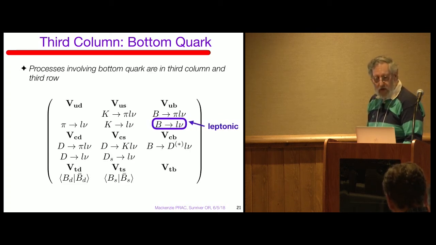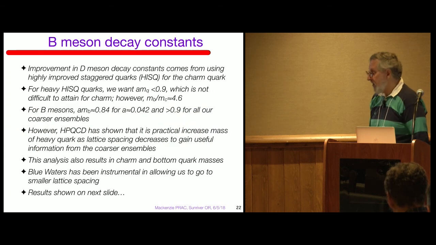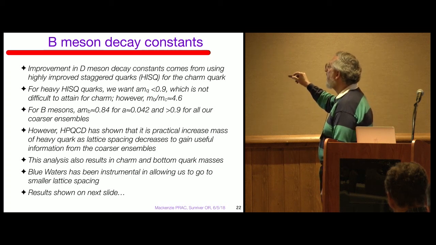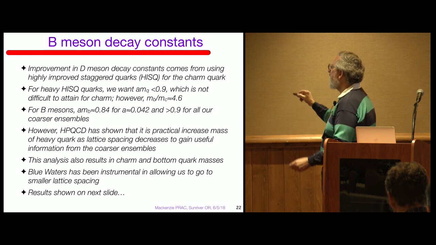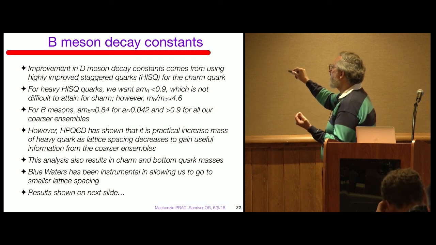Now, the bottom quark, which is even heavier, presents interesting challenges, which Blue Waters is very important for overcoming. Some details here on the calculations. So when a stands for the lattice spacing and m_Q stands for the mass of the quark, you get good results when a·m_Q is small.